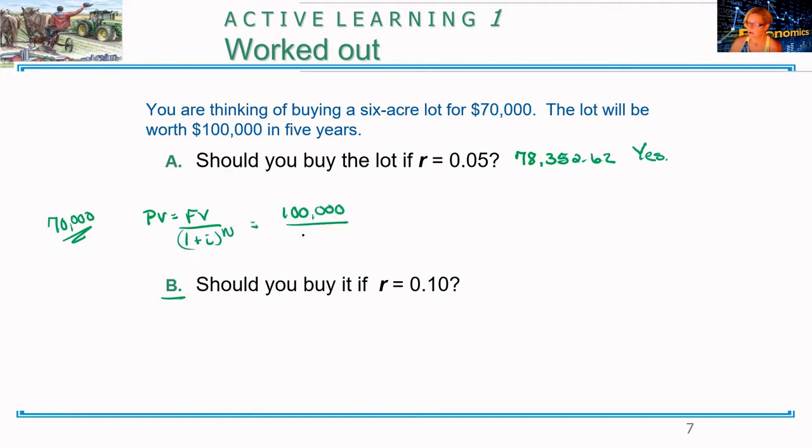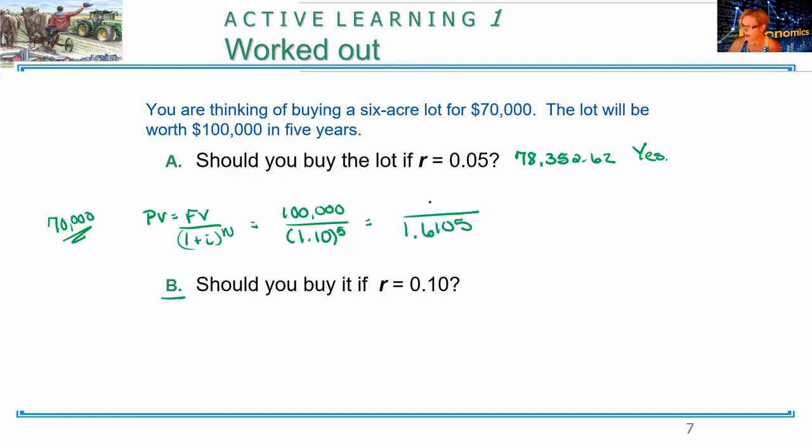Our present value interest factor is going to be 1 plus 0.10 to the 5th power. So 1 plus 0.10 is going to be 1.6105.